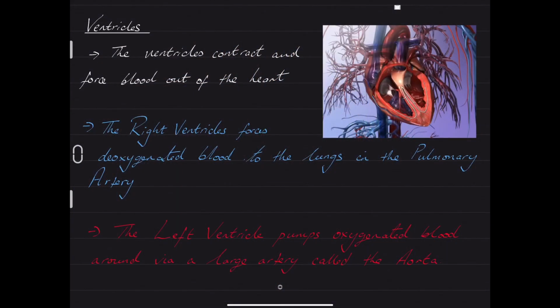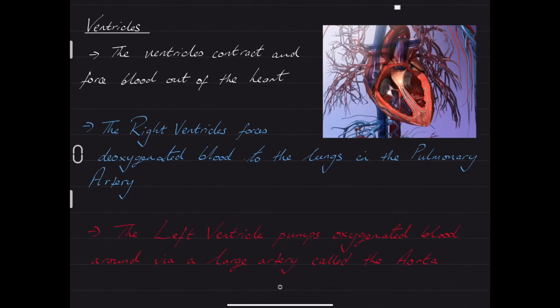Looking at the ventricles, you can see here from the diagram, to remind you where the ventricles are located, the ventricles contract and force blood out of the heart. So when the right and left ventricles contract, they are forcing blood out of the heart. The right ventricle forces deoxygenated blood to the lungs in the pulmonary artery.